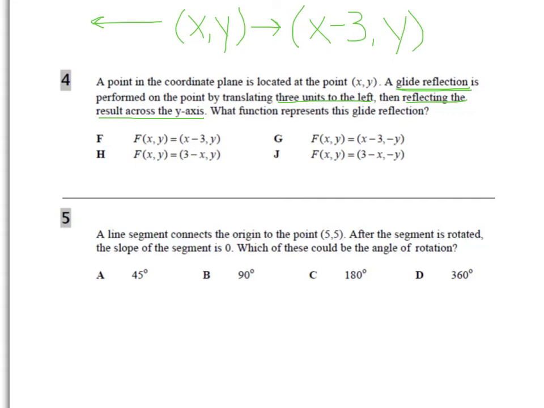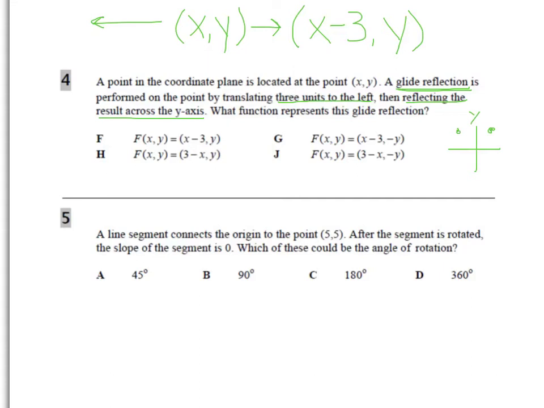After we have that, we can look and see that we are reflecting across the y-axis. Remember, if this is our coordinate plane, and I have a point here, I'm reflecting it across the y-axis, so it's going to become over here. Therefore, my y is staying the same, but my x is becoming negative.